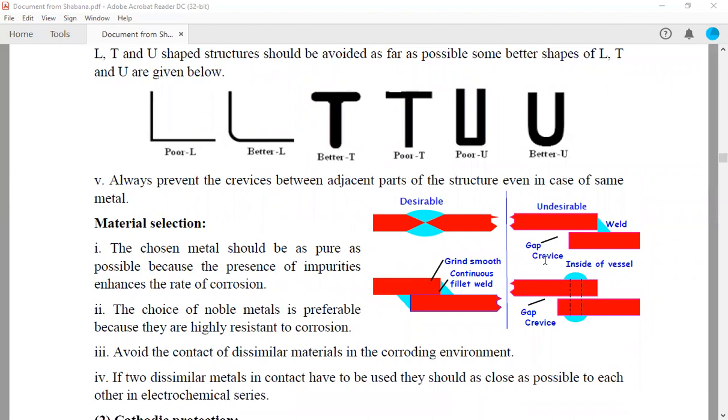The design should eliminate sharp corners and stress. The choice of noble metals is preferable because they are highly resistant to corrosion.